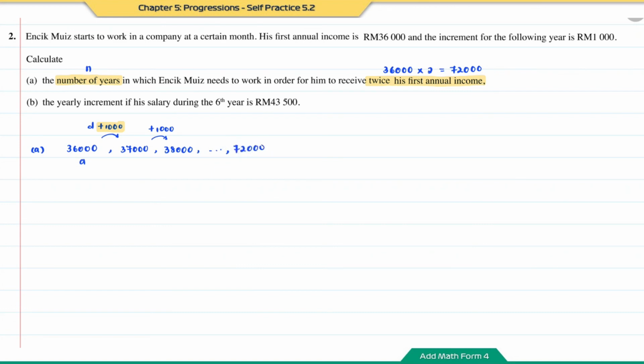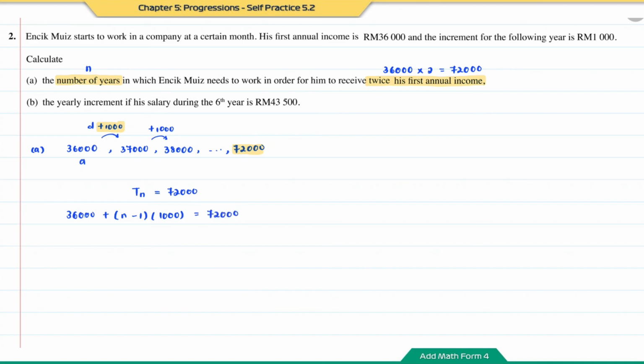So we want to know, from 36,000 with a common difference of 1,000, how many terms later it will become 72,000. So Tn equals 72,000. Using the formula, a is 36,000 plus n minus 1, with d being 1,000. This will give you the answer of 72,000.